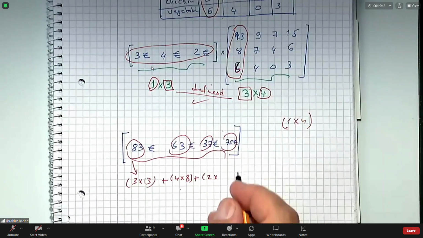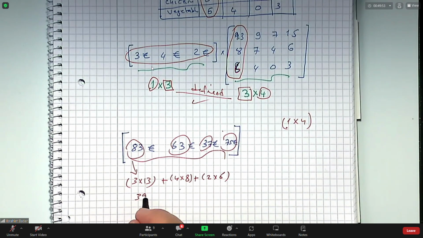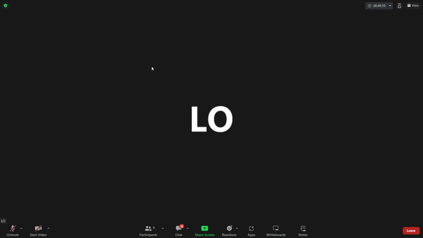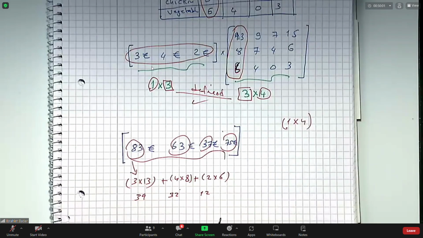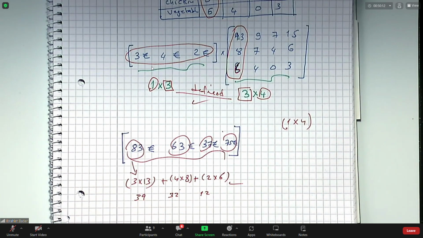This is 6. 2 times 6. Okay. So this is 39 and 32, right? And 12. So here you got 71 plus 12, 83. Okay. And the same you do for the other items.